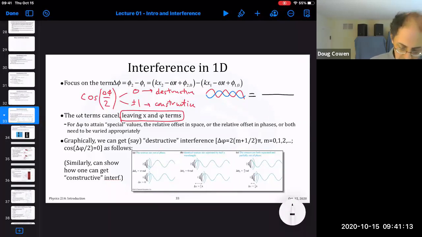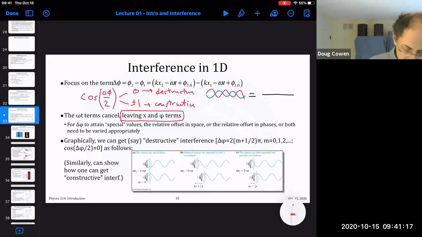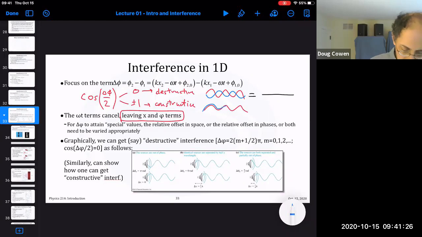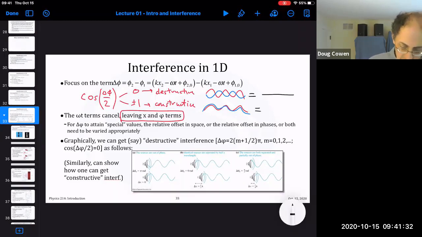Whereas with constructive interference, you would get one wave like this, and a second wave right on top of that wave. I'll try to draw it without obscuring the previous one. And so the sum will look like something with twice the amplitude.